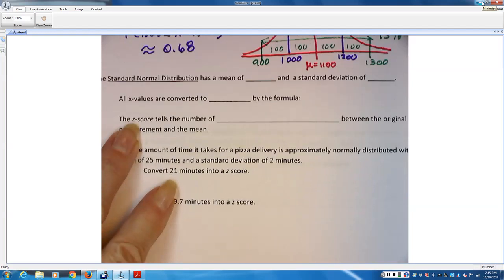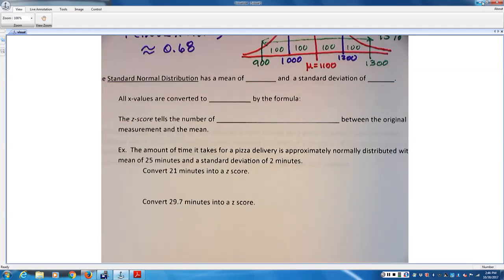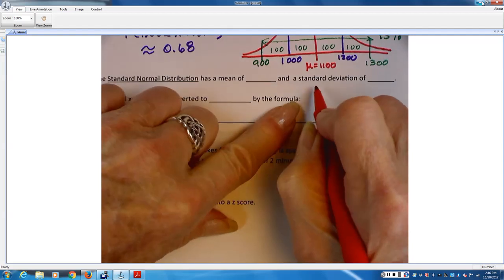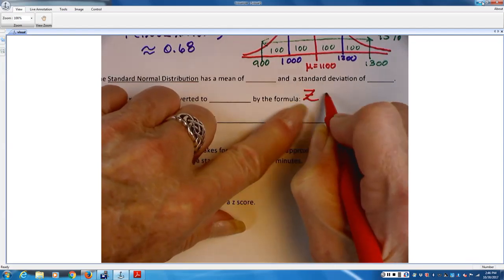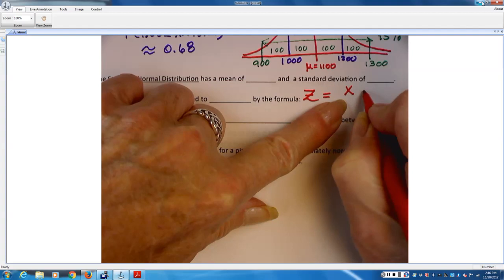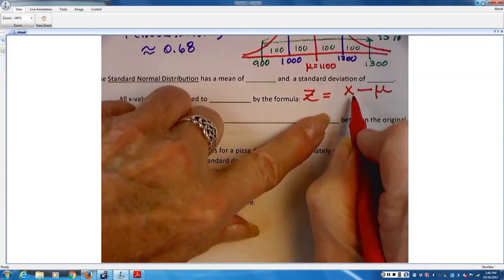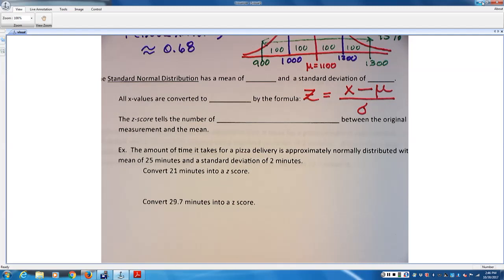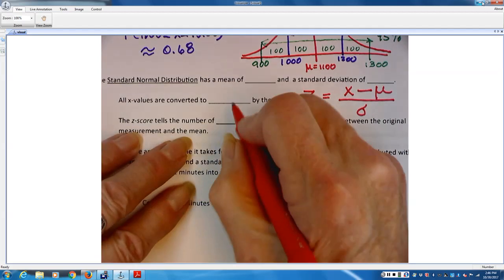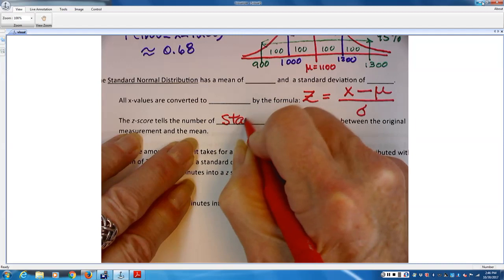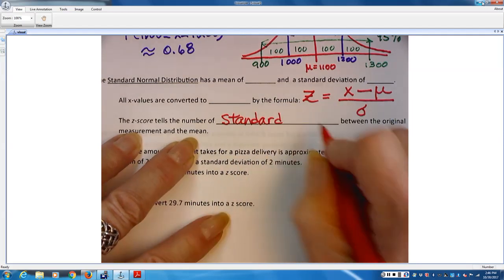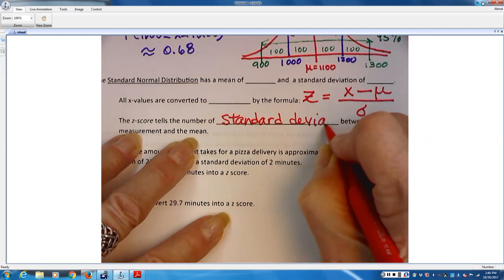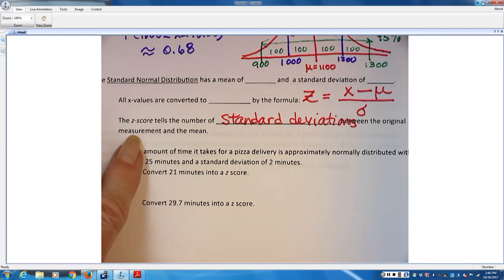The z-score formula is that formula right there. And what a z-score tells you is the number of standard deviations between the original measurement and the mean.